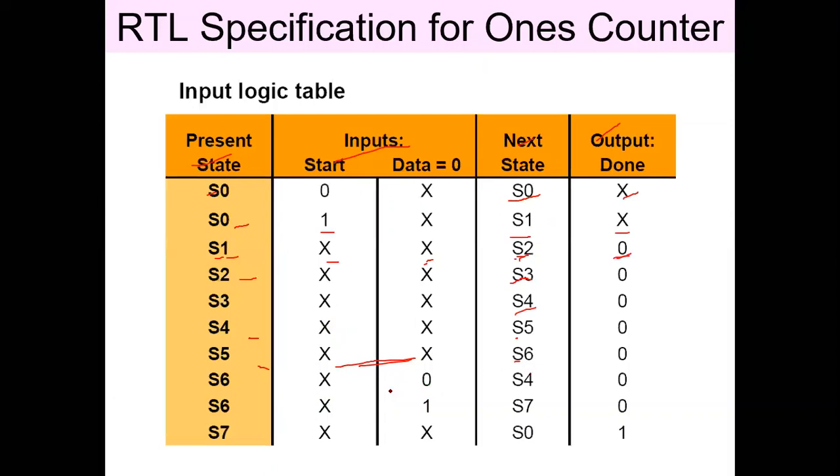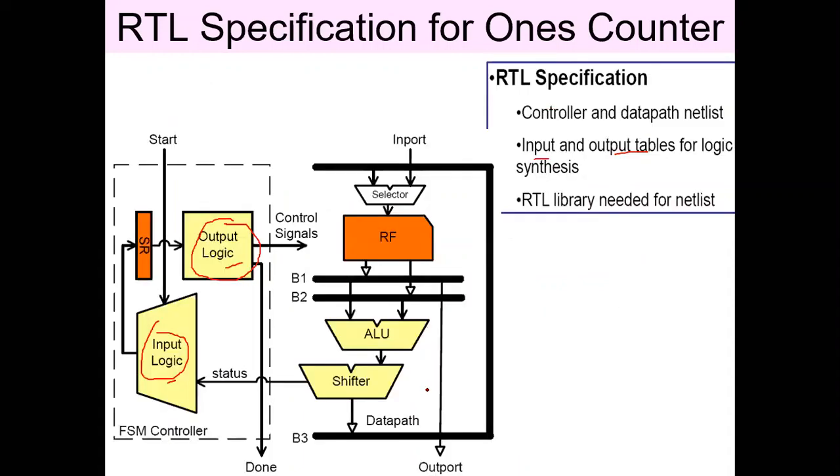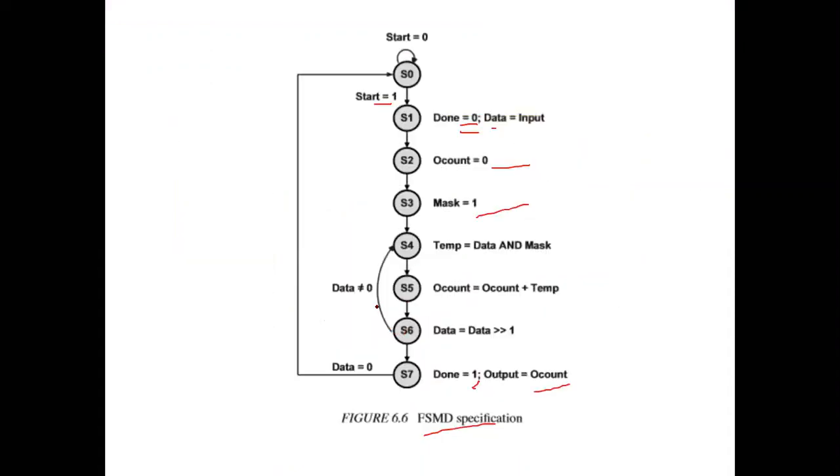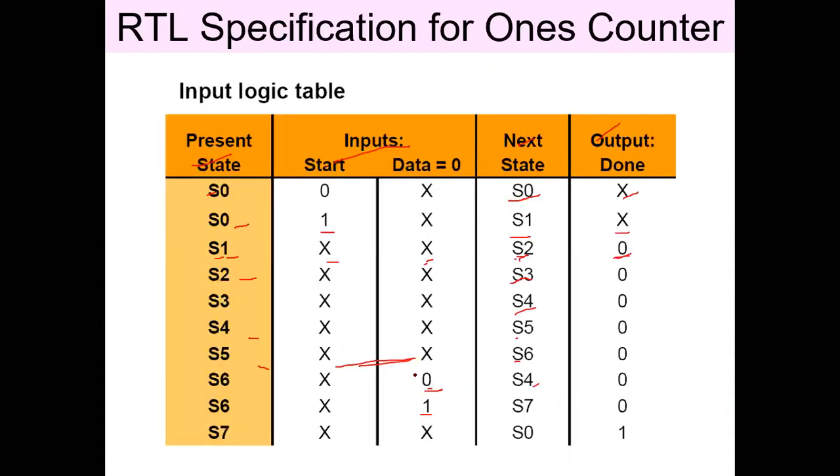That condition check happens here. The condition is data equal to 0. If data equal to 0 is false, it moves to S4. If data equal to 0 is true, it moves to S7.